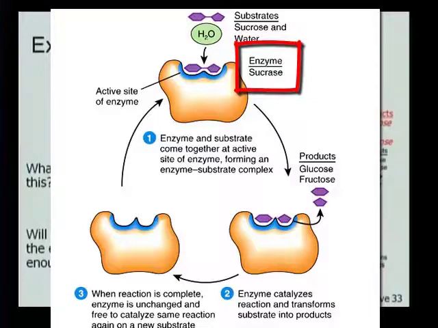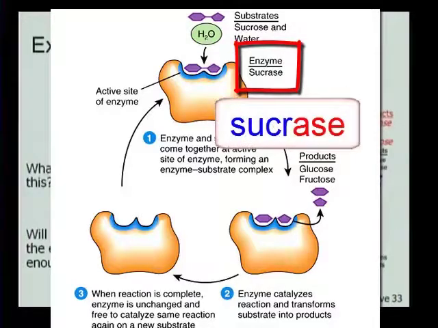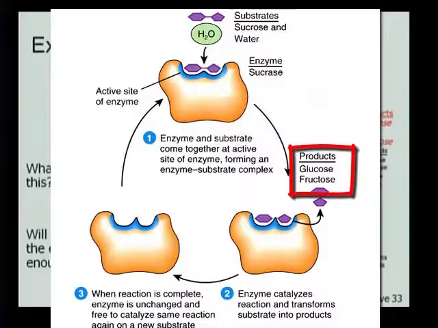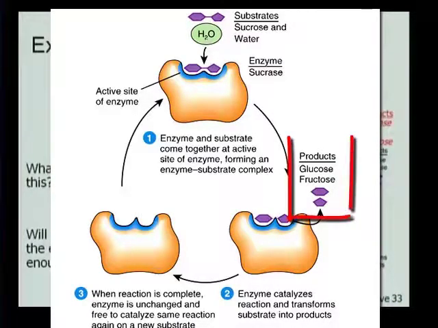So this is an enzyme that acts on sucrose, so it's called sucrase. Recall that sucrose is a disaccharide made up of glucose and fructose. When the enzyme acts on this, it turns sucrose back into glucose and fructose.